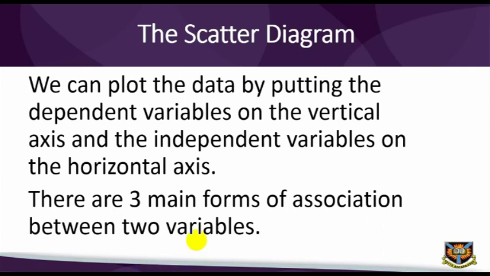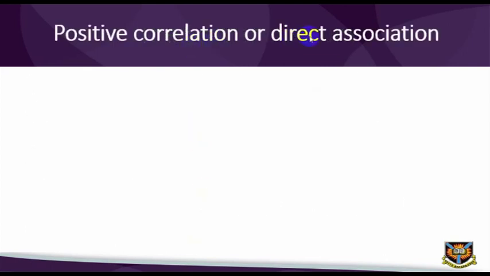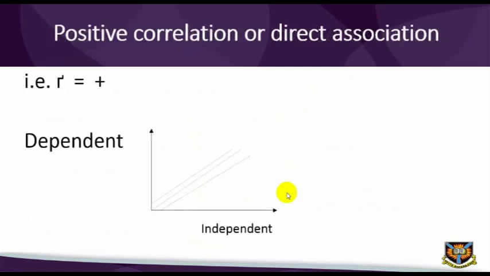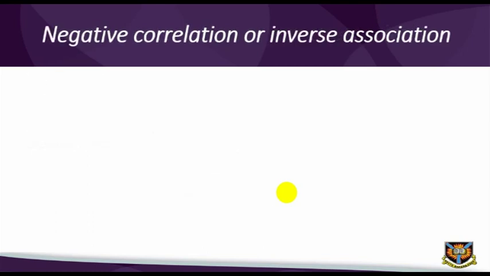There are three main forms of association between two variables. 1. Positive correlation or direct association, dependent against independent, that is R is positive. 2.